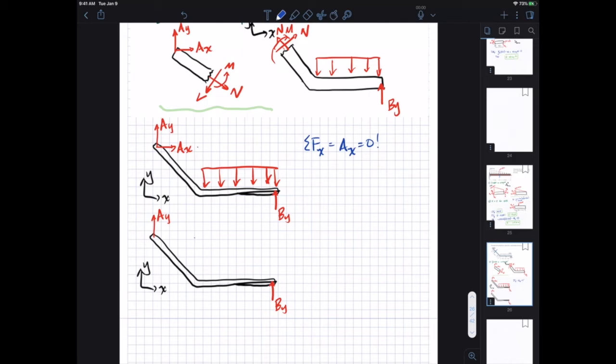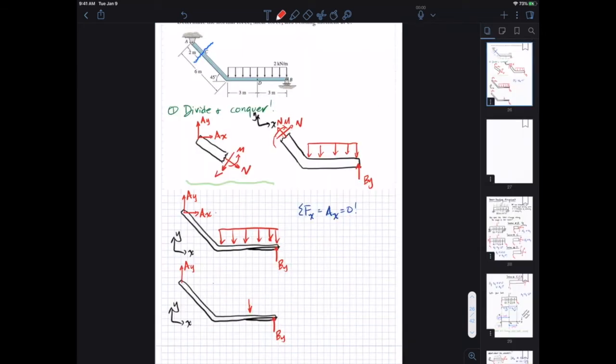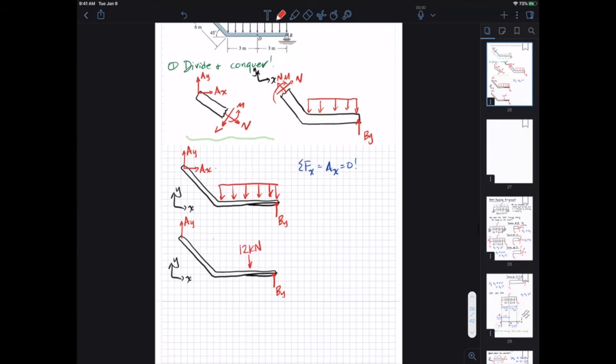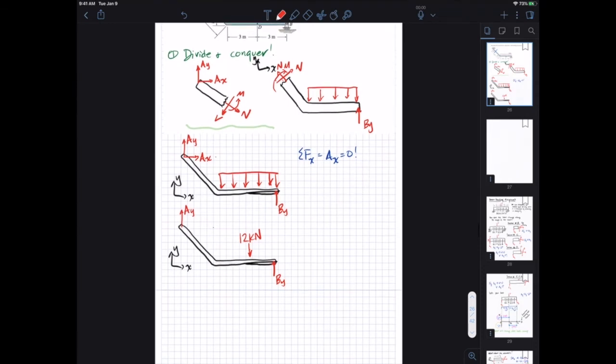Am I doing that right? I think so. So we have this distributed load. All right, let's go ahead and put that 12 kilonewtons here.